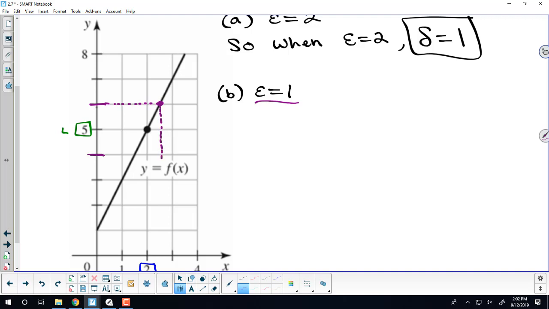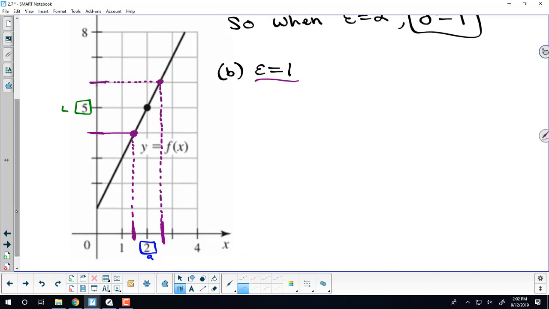Looks like it's right in the middle, though. Yeah, so that's like 2.5, and then the lower bound, it's like 1/2. So now how close do I need to be to 2? 0.5. So this is now 0.5 units in this direction, or in this direction.